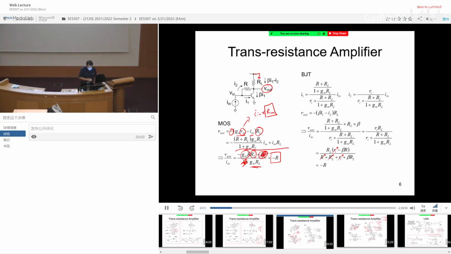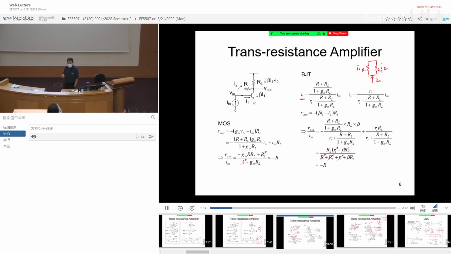Now for the BJT, we can do something similar, but a bit more complicated. So first, we determine I1. Here it looks very complicated, but we are using this concept. Suppose I have Iin. Suppose this is I1. Suppose this is I2. Suppose this is R1. Suppose this is R2.